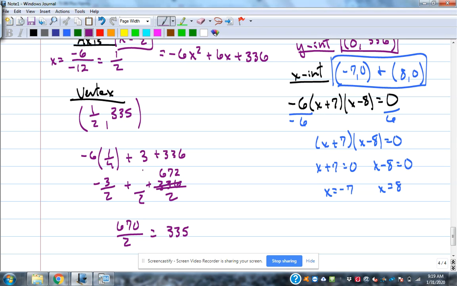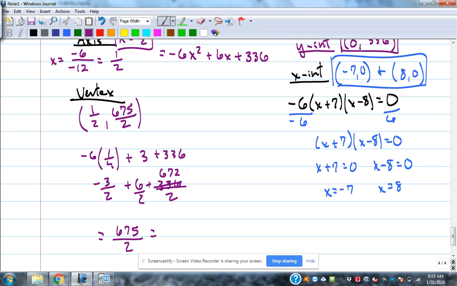That's 3 over 2. So that's 6 over 2, and 672 over 2. So that's 675 over 2, which doesn't reduce. That's right.